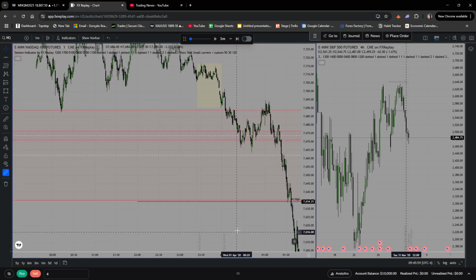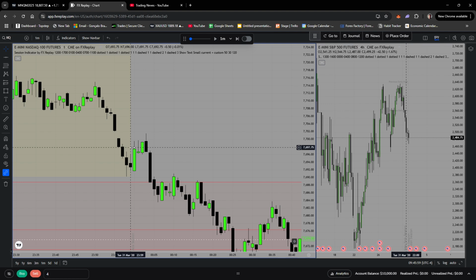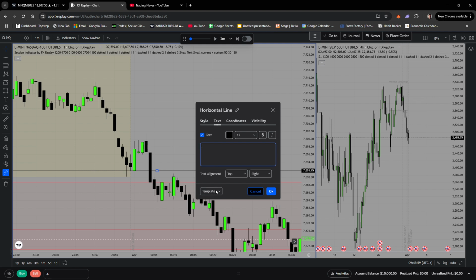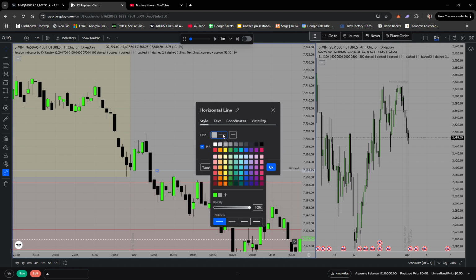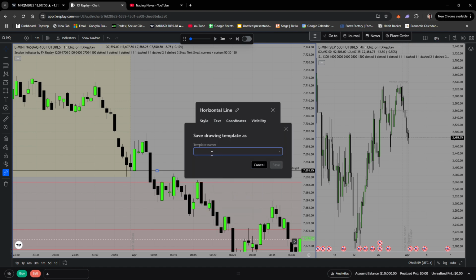Now, alongside this, we're also going to mark out the midnight opening price. Let's go and find where that is. Okay, so it opened up here. We also want to do the same for the midnight. We're just going to change the color here to black and also save it as a template. There we go.